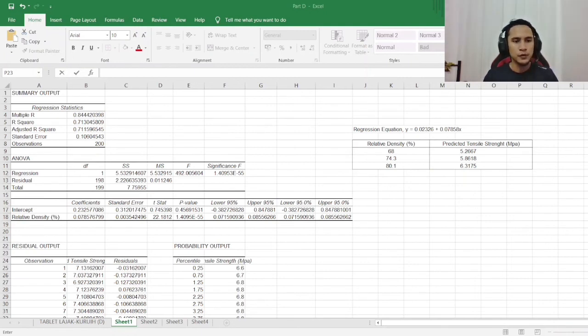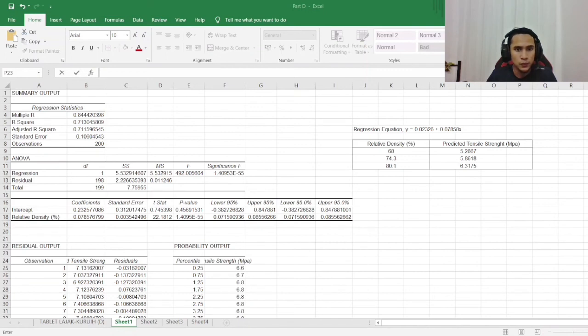With the F-test approach, H0 is relative density beta equal to 0 and H1 is relative density beta not equal to 0. We will reject H0 if the p-value or significance F is less than alpha. So in this table, the alpha is 0.05.